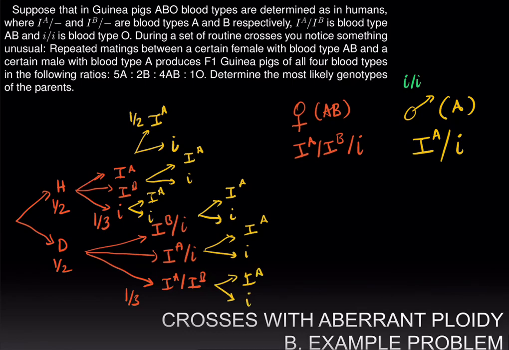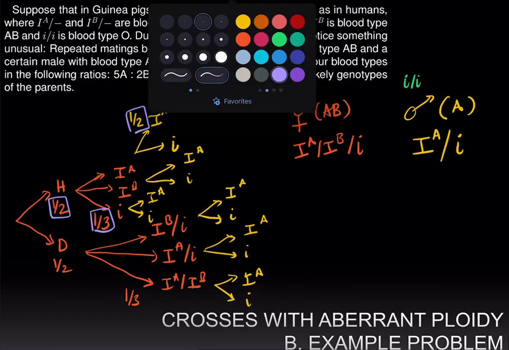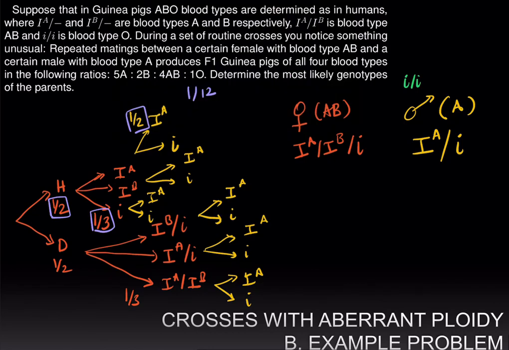And all of these branches, if we use the product rule, are half times a third times a half. And so they're all 1/12 probabilities by the product rule. And we can now go ahead and write down all the blood types.